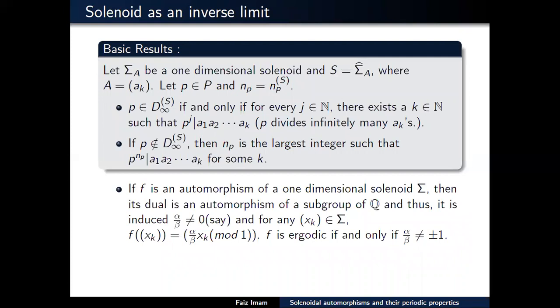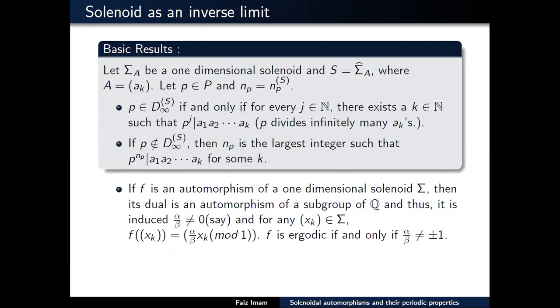If f is an automorphism on this one-dimensional solenoid, its dual is an automorphism of a subgroup of Q. So every automorphism is induced by a non-zero rational number alpha by beta. For any sequence of xk's belonging to the solenoid sigma, we define f of the sequence of xk's by multiplication with this non-zero rational number alpha by beta.